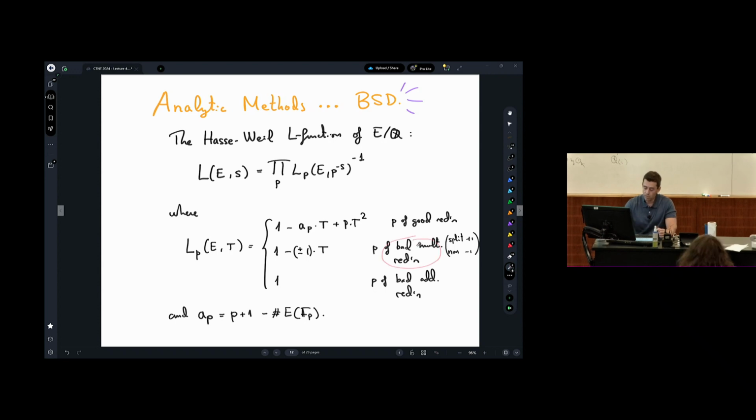When we have multiplicative reduction, the L factor is 1 minus t or 1 plus t, depending on whether we have a split or non-split multiplicative reduction. And you can go back a few lectures to see what that meant. And then finally, if the reduction is bad additive, then the L factor is just a 1. It doesn't contribute anything to the L function.